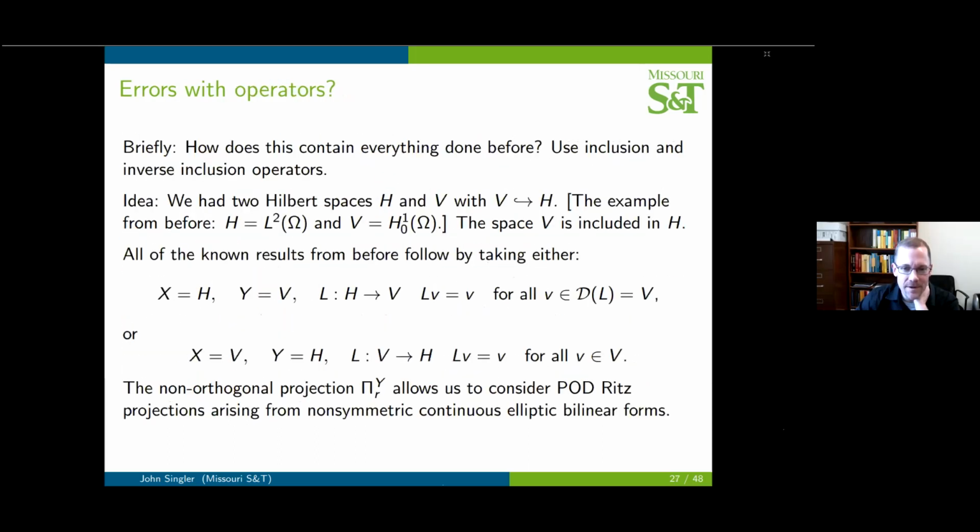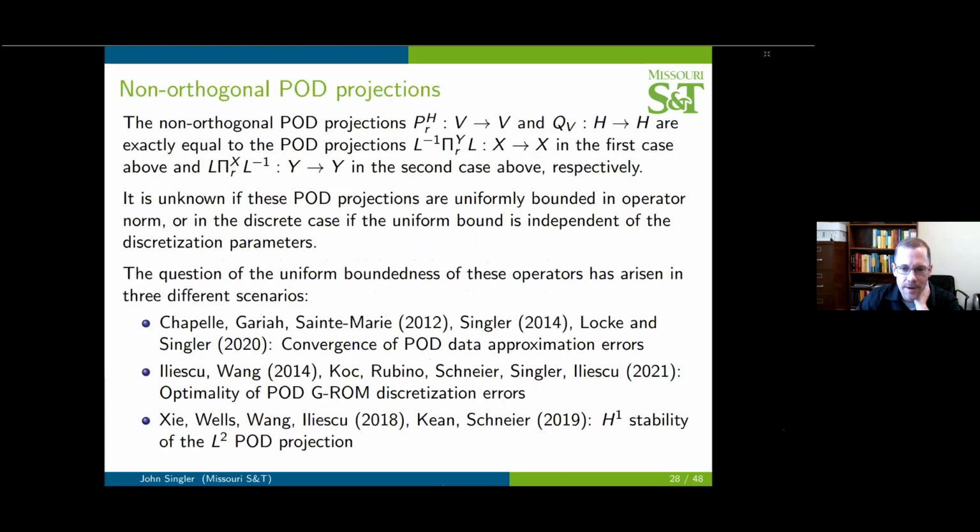Yeah, let me pull these up. I wish I had something, but unfortunately, I have no insight. All of the numerical evidence that I know of tends to indicate that these things are uniformly bounded.